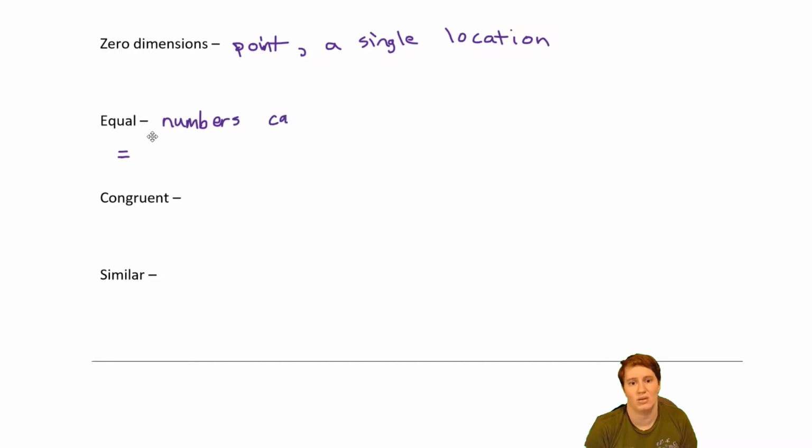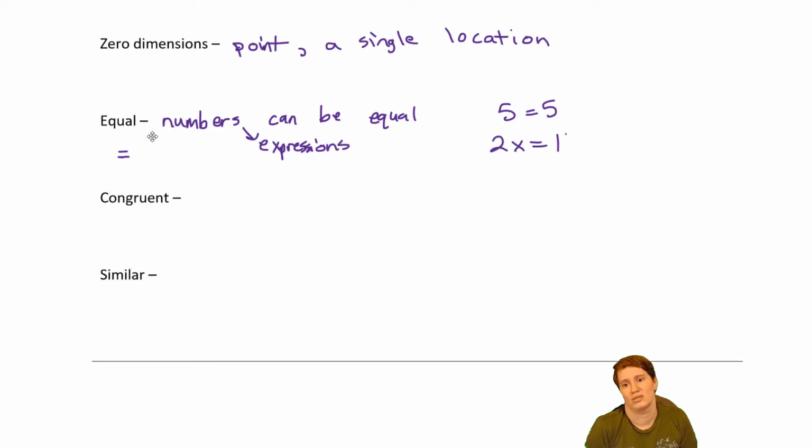Numbers can be equal, like 5 equals 5. And then we can extend that to expressions can be equal, because that's how we end up making equations. So 2x equals 10. Those things can be equal.